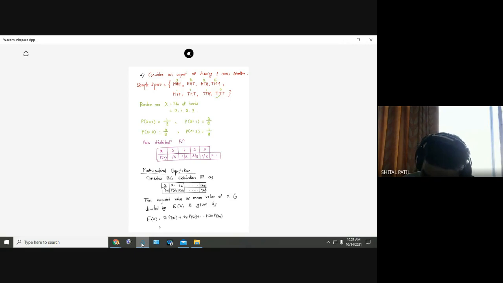Right? That is, in short, it is given in this way: summation of xi p of xi. Hope this is also clear.